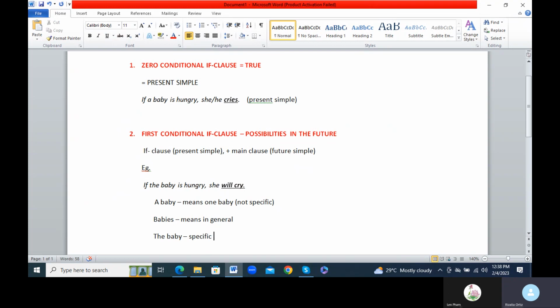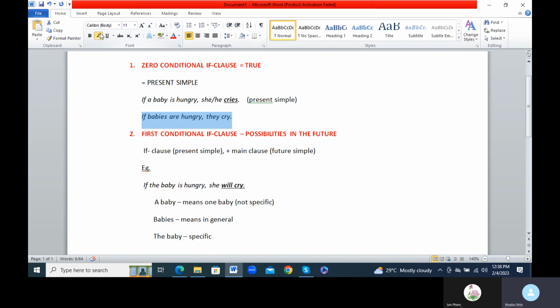But if our baby is hungry, this is the same as saying this one. If babies are hungry, it's the same as saying babies in general, they cry. If babies are hungry, they cry. So notice that our verbs, both in the if clause and in the main clause, are simple present.